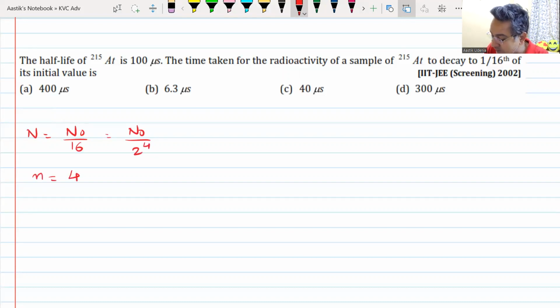Number of half-lives is 4. So the answer is 100 multiplied by 4, and the time will be 400 microseconds. Do we understand this? Yes or no?